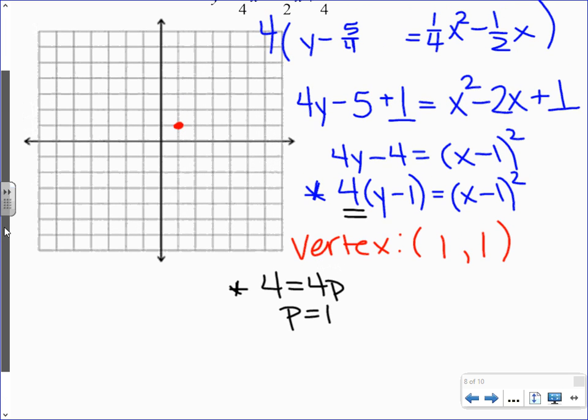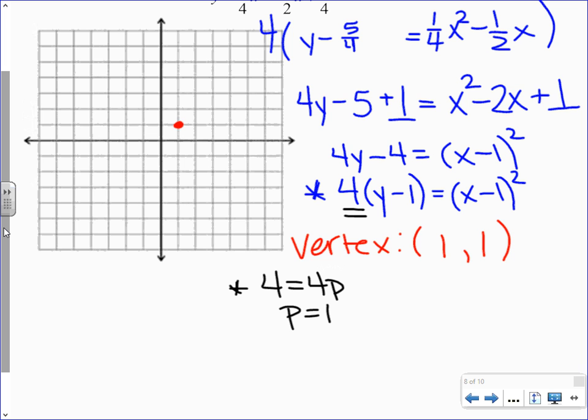All right, so let's focus on the focus first. In which direction should we move 1 to plot the focus, Molly? Up. This is opening up, so we're going to move up p to plot our focus.